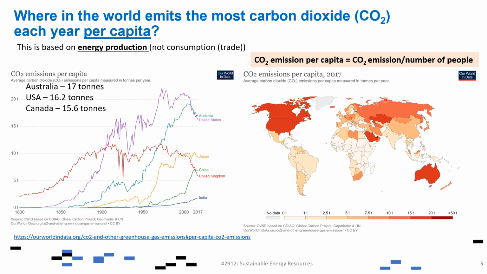You can see also from here the CO2 emission map for just energy production. All right, this is not for consumption. So Australia is leading the way in that, in a negative way. The US as well, and some others. The darker the color here, the higher the CO2 emissions are.